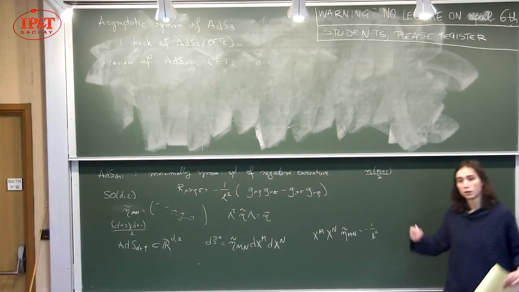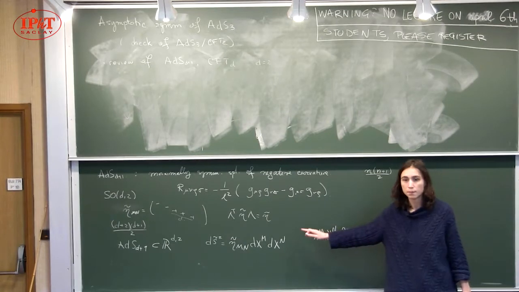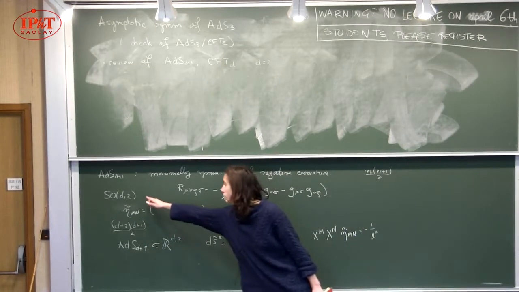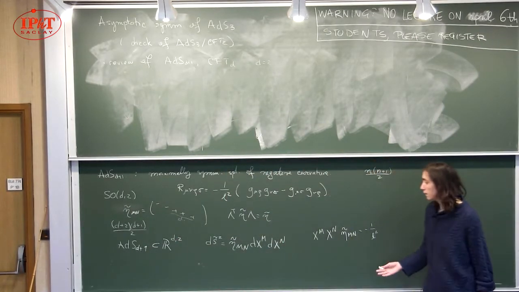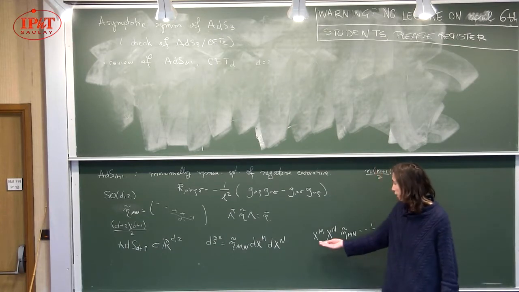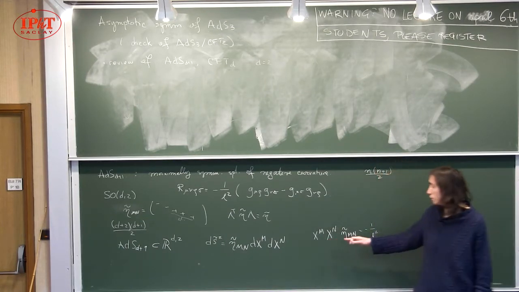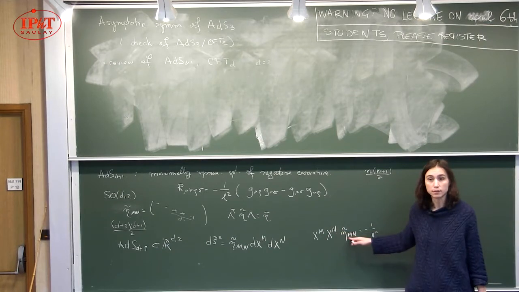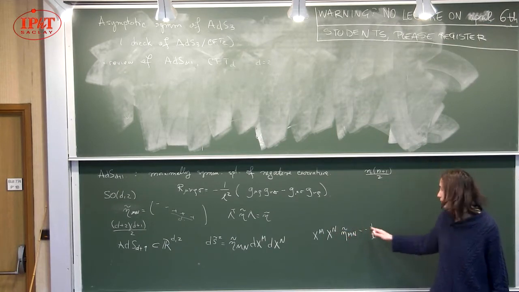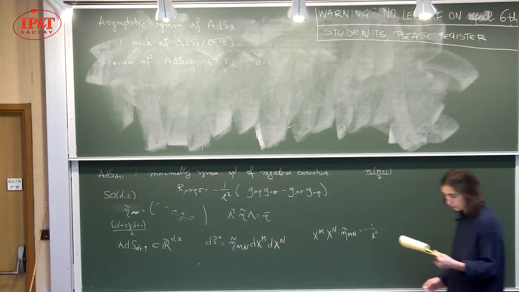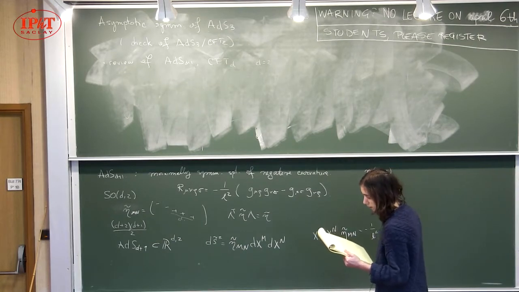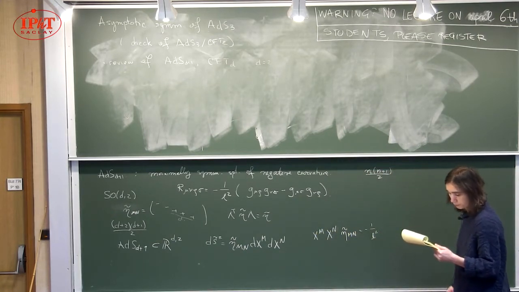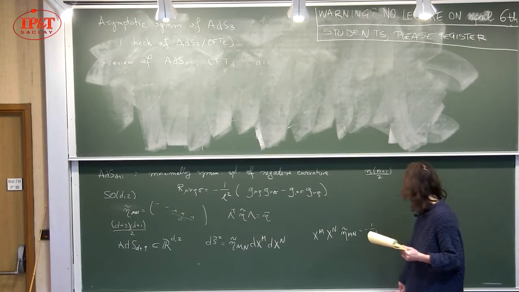It's going to give you a D+1 dimensional spacetime, and the SO(D,2) invariance is built in because this condition is SO(D,2) invariant, which you can easily see, because the metric is SO(D,2) invariant. Good. And then people write embedding coordinates.